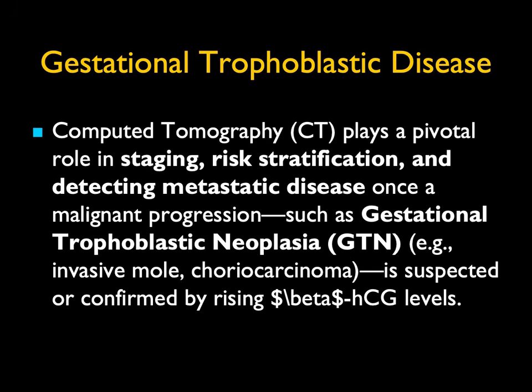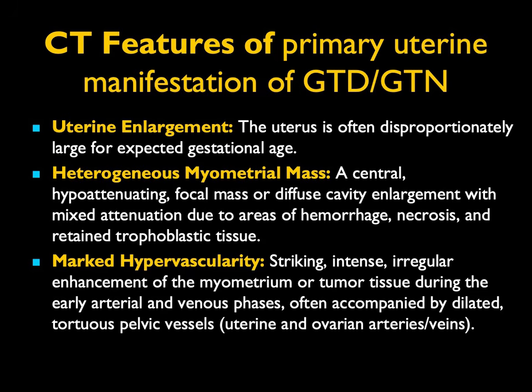Now, with GTD, CT plays a critical role in staging, risk stratification, as well as looking for metastatic disease. It has an elevated beta HCG level. What are the things we look at? We look at uterine enlargement. We look for a heterogeneous myometrial mass. We look for marked hypervascularity, as you very nicely saw in this case.